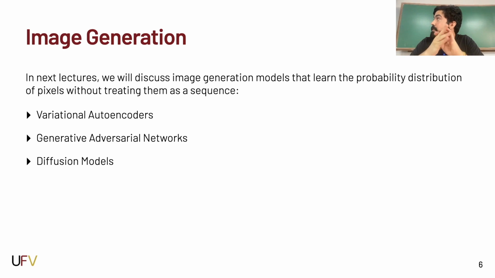And these days, these are the 3 more popular models: variational autoencoders, generative adversarial networks, and diffusion models, all for generating images. Okay, they can generate all sorts of data as well, but they're very good at generating images.